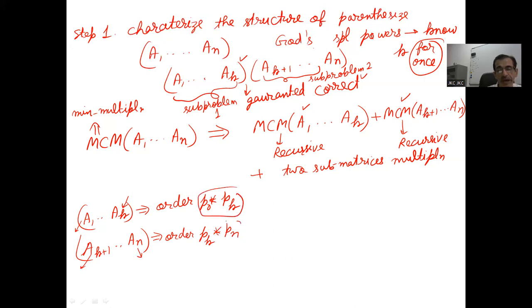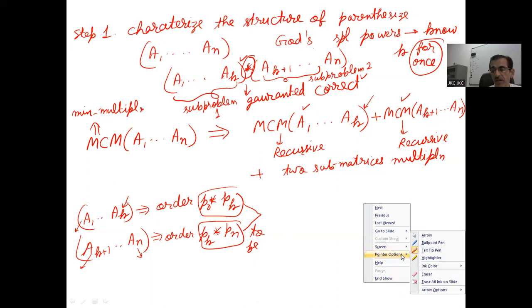So these two matrices are to be multiplied finally. At K I have divided, and after division, of course, these are to be multiplied. I'll use a new pen in a different color so that you understand better.